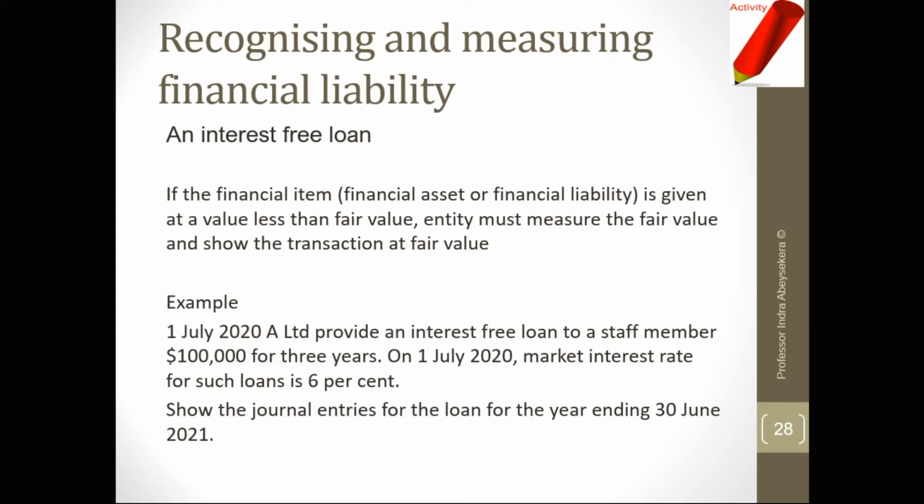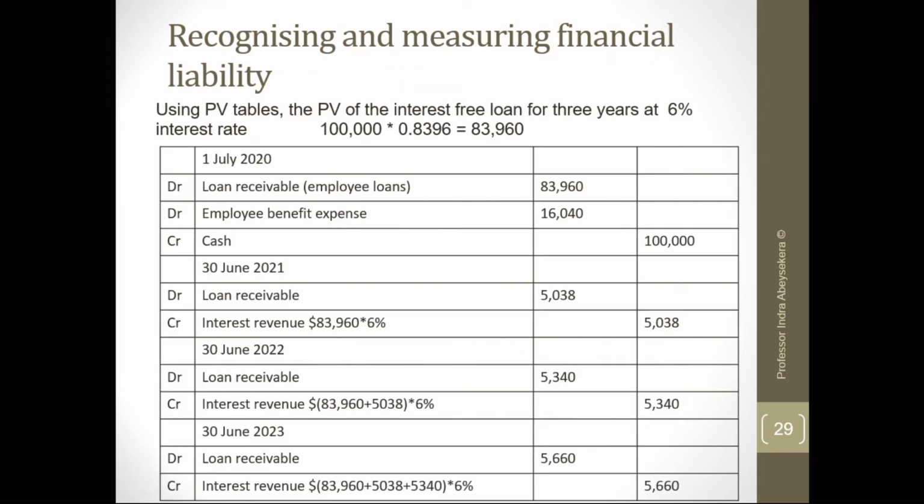Although it's an interest-free loan, the market interest rate for such loans is, let's say, 6%, and this loan is for 3 years. In that situation, we have to discount that loan, taking the market-based interest rate, and at today's value, it would be 83,960.